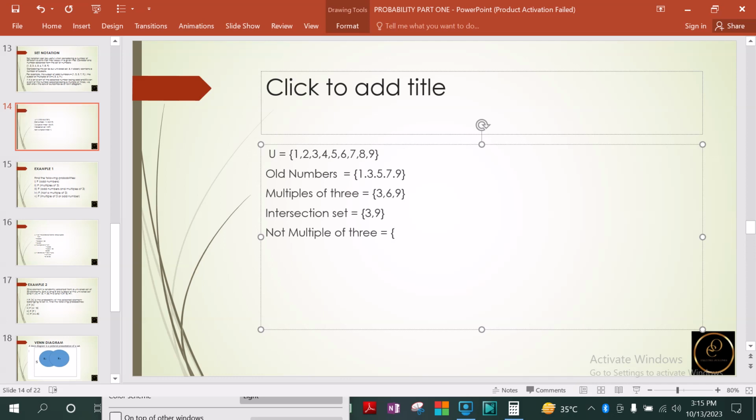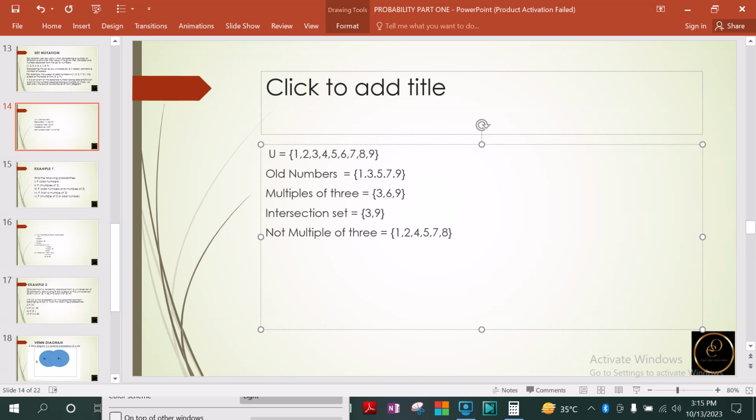We have 1, 2, 4, 5, 7, 8. These are not multiples of 3. How many are they? 1, 2, 3, 4, 5, 6.